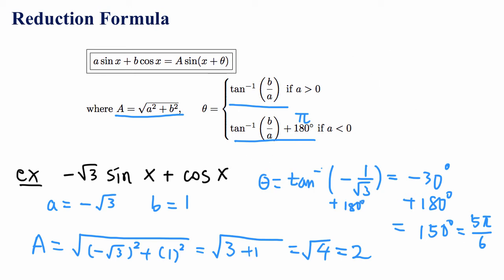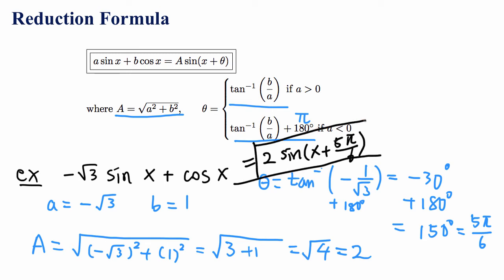So therefore, the answer to this conversion problem is that the given function is equal to capital A, 2 times sine of x plus theta, which is 5 pi over 6. Okay, now the formula has something to do with the sum and difference identities of trigonometric functions.